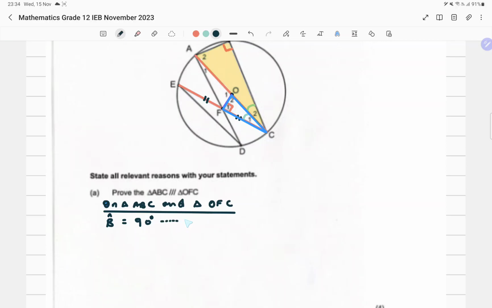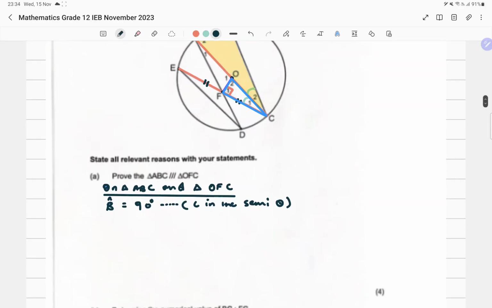What is that? This is an angle in the semicircle. And then we can say also F1 is equal to 90 degrees. Why? That was given. We can say therefore B is equal to F1, equals 90 degrees. That is essentially what we wanted to say.